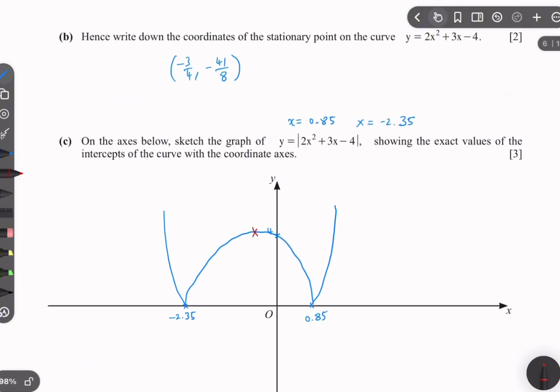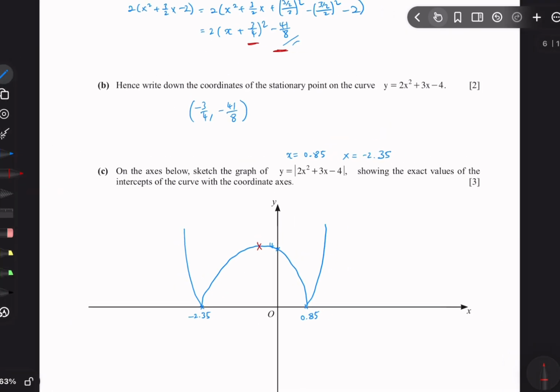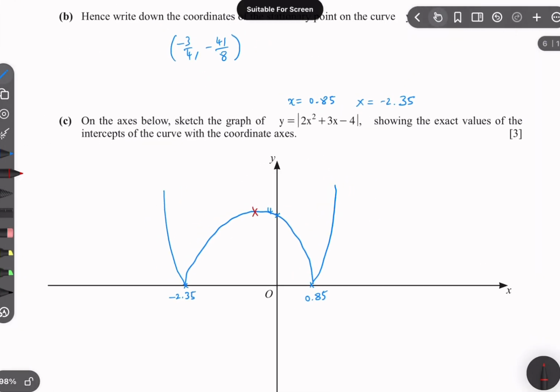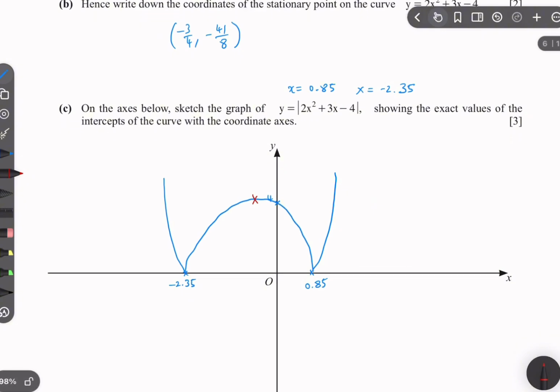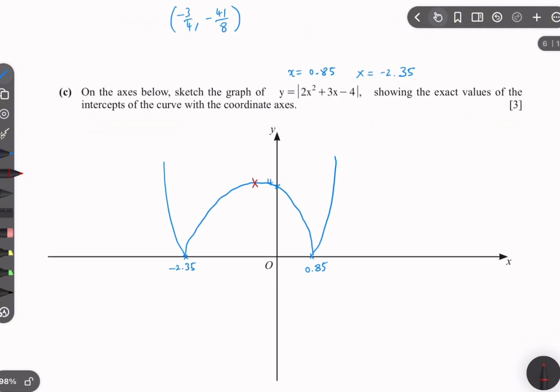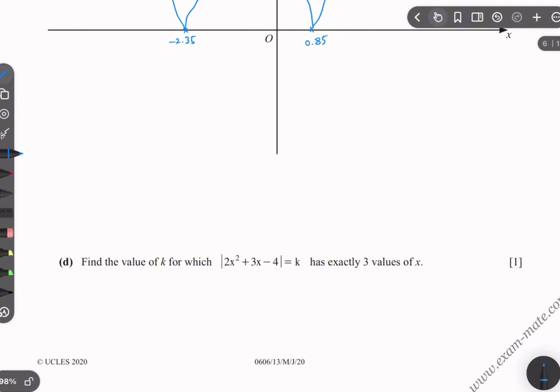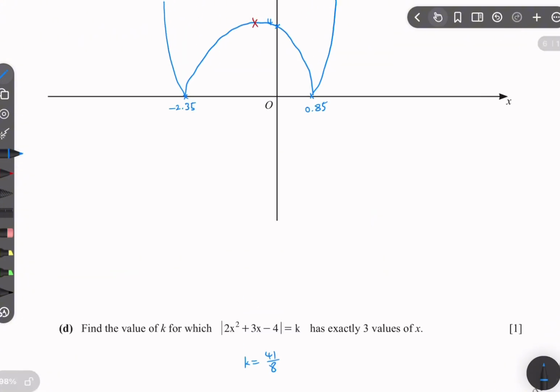And from part B, we know that this point is minus 3 over 4, 41 over 8. And it's not negative because it's above the x-axis as it has been reflected, so k has to be equal to 41 over 8.